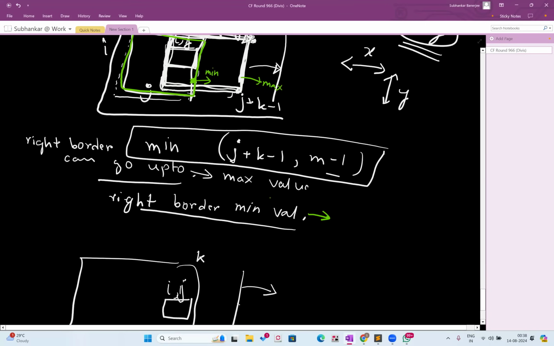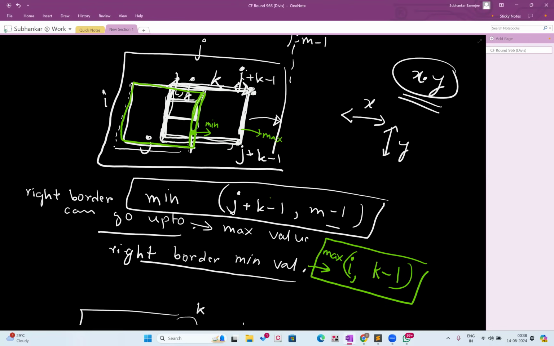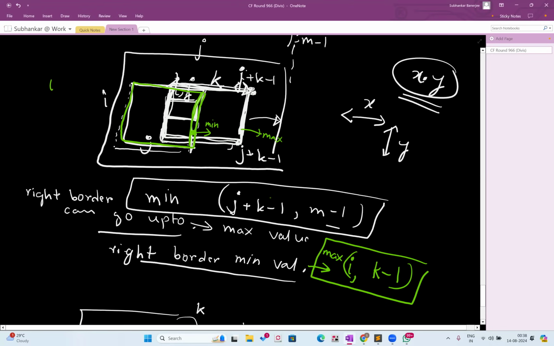So basically, the minimum value has to be i at least, and it cannot be less than k minus 1. So the maximum of i and k minus 1 will be the minimum value. Suppose this is the cell i I am considering, and k equals 3.